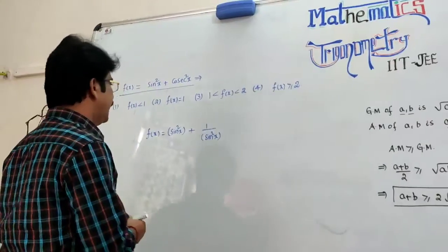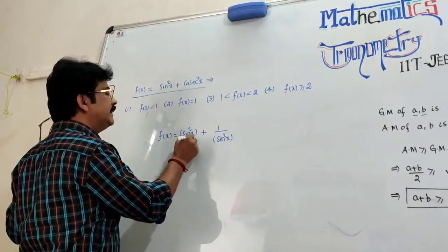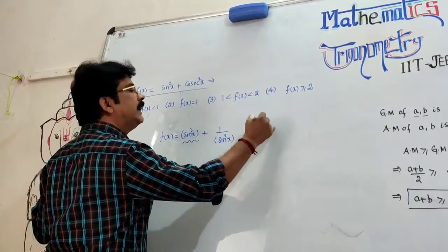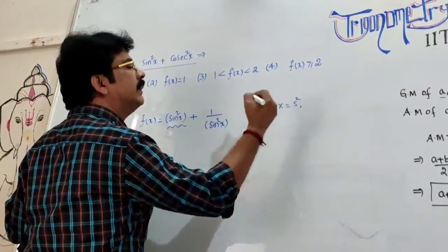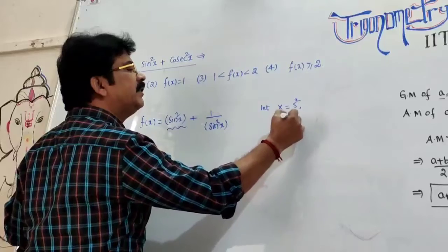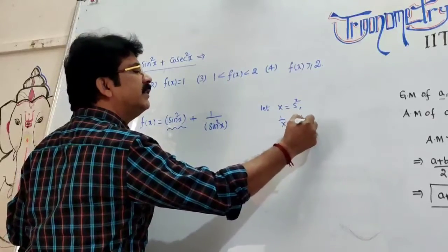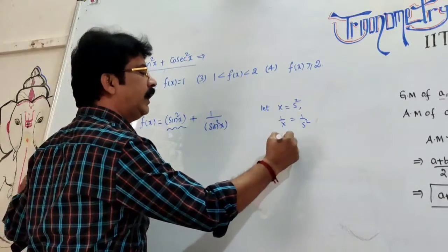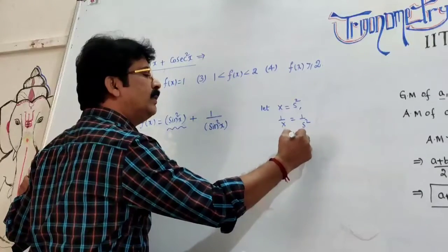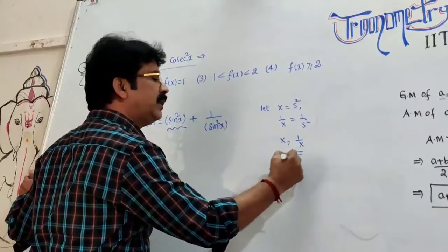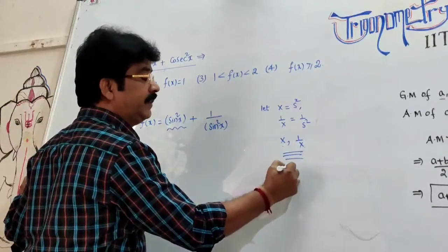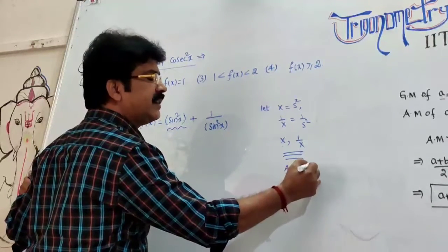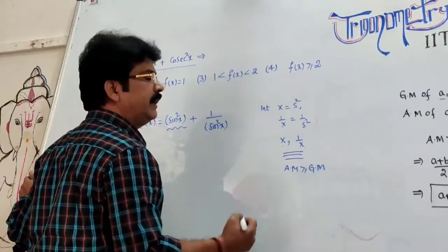Now you come here. So come to the point. Actually, let it be capital X. Let capital X equal to sine square. Then 1 by capital X is what? 1 by sine square. Okay. So capital X comma 1 by X, two numbers, small a equal to small b, for which arithmetic mean is greater than or equal to geometric mean.